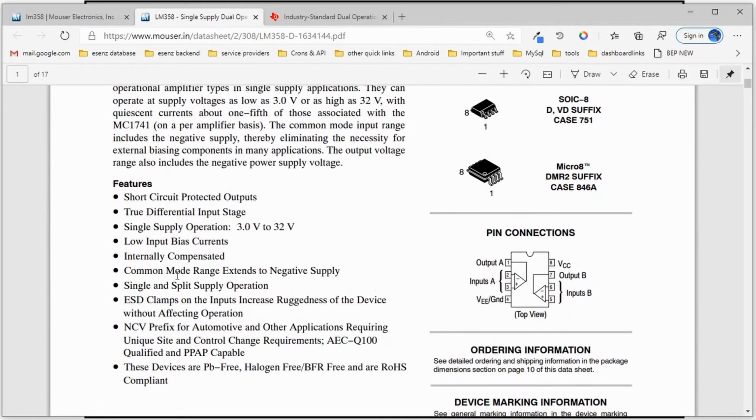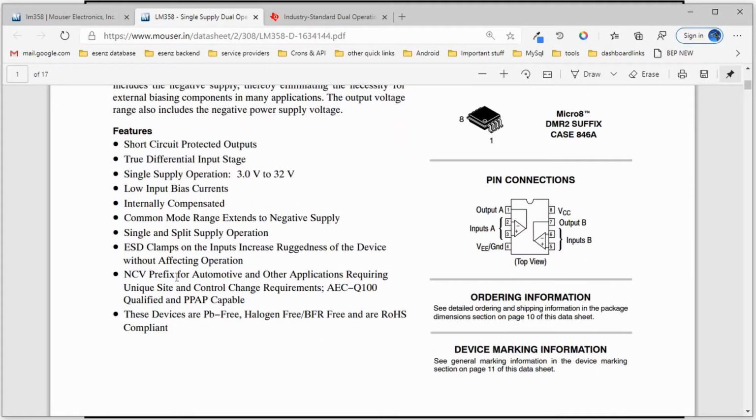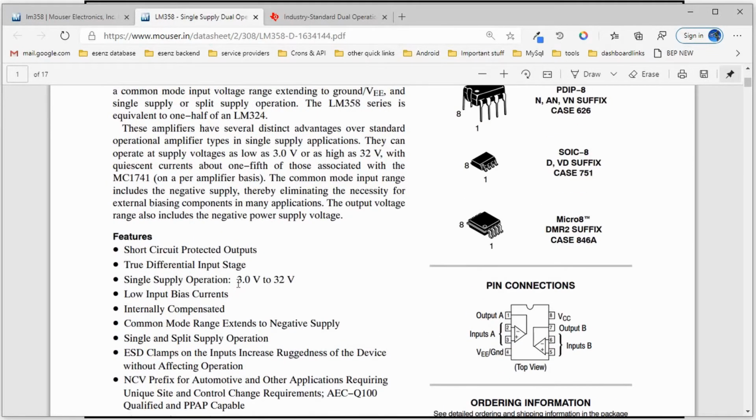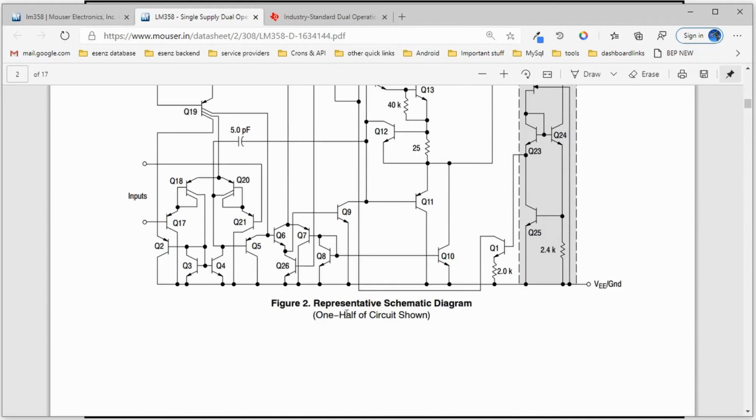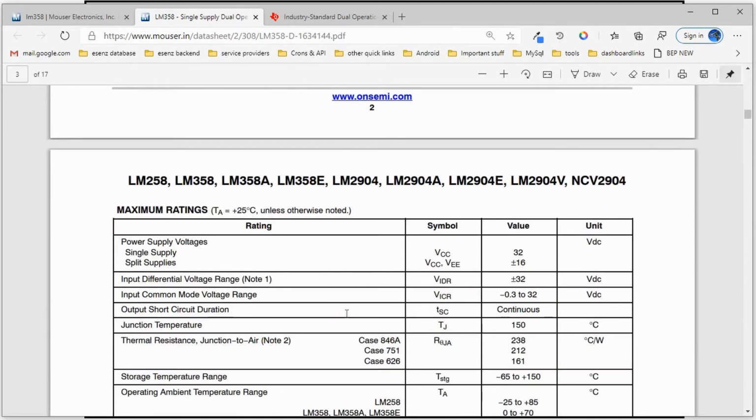Now let's go through some supply voltage limitations of this one. This will operate from 3 volts to 32 volts. Then in the maximum ratings, if you exceed any of these, the IC is going to get damaged.